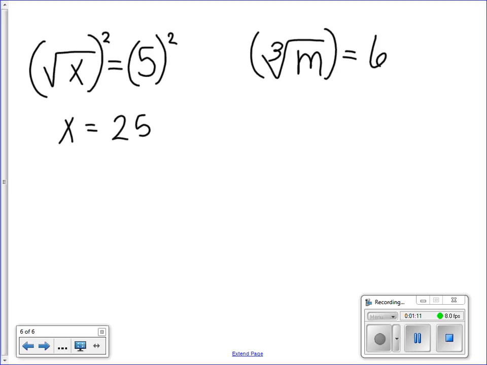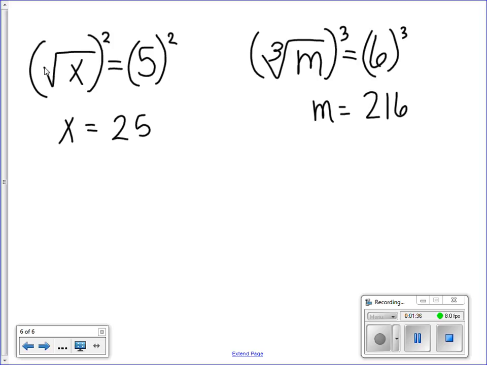Cube both sides. And what would m be? No one knows? Can't figure it out? 216, yes. Exactly. Okay, what if it looked like this?